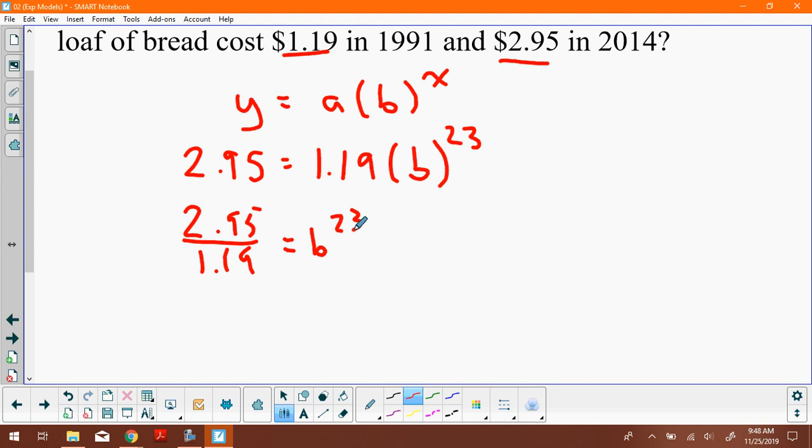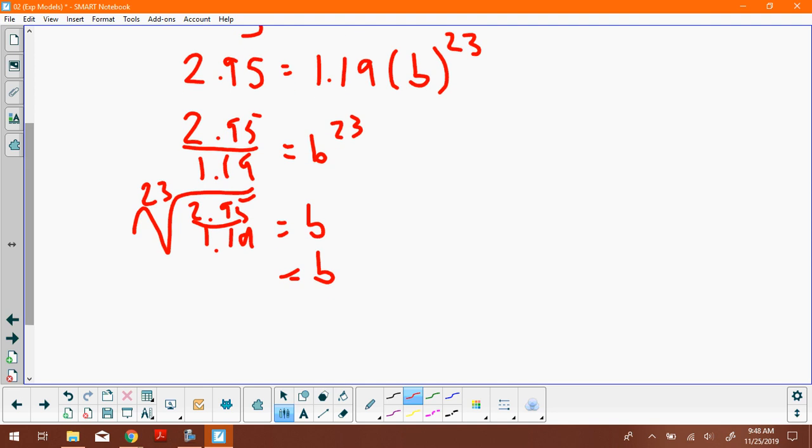And then to get b by itself, we'll take the 23rd root of that fraction. And we have 1.04. So therefore, the average rate of inflation is about 4%.